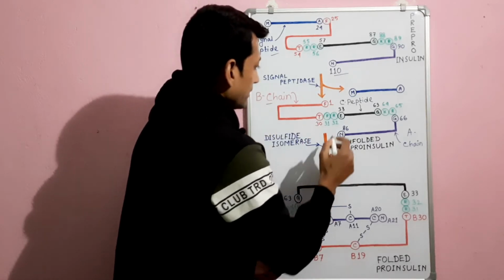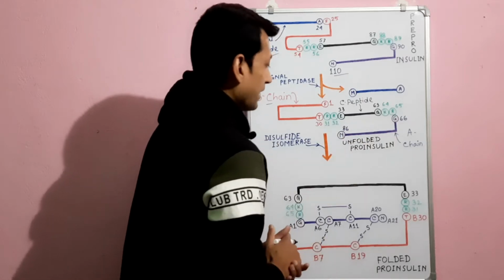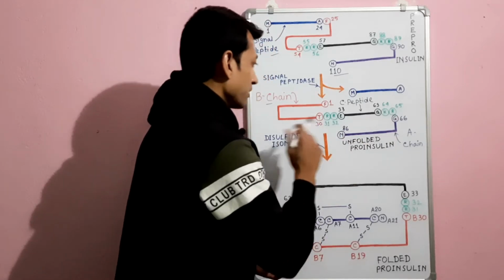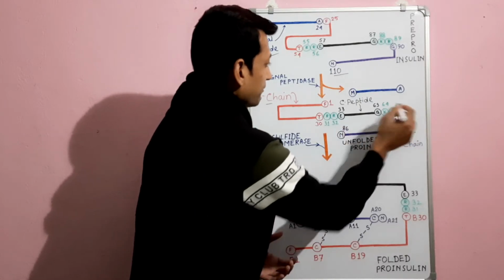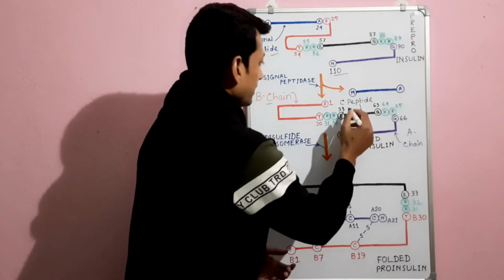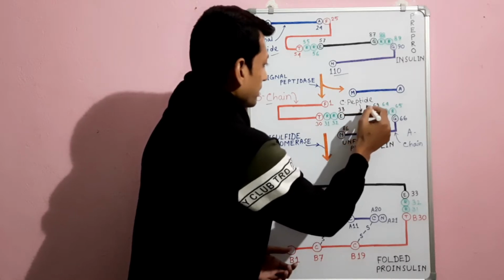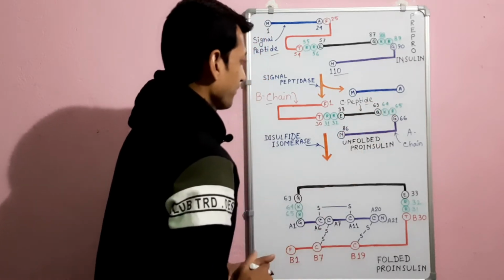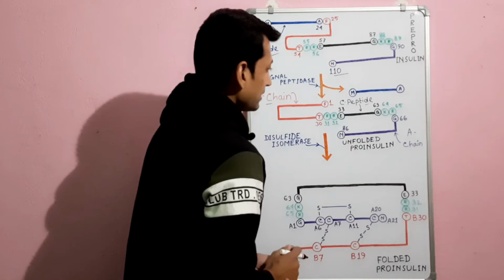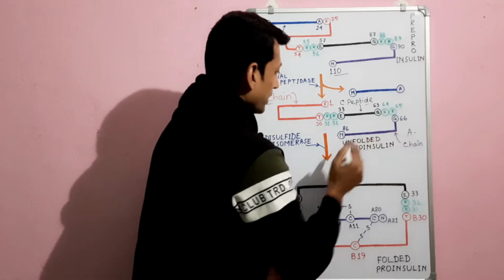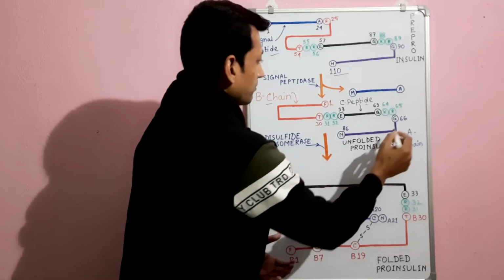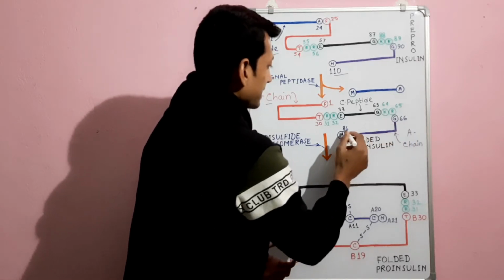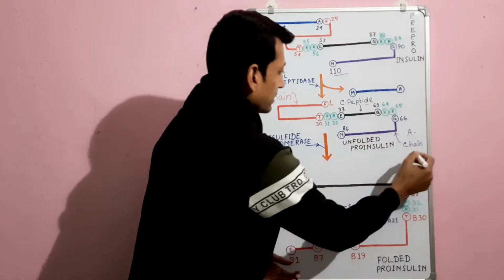Then the next 35 amino acid long region, that is from 31 to 65, is known as connecting peptide or C-peptide.